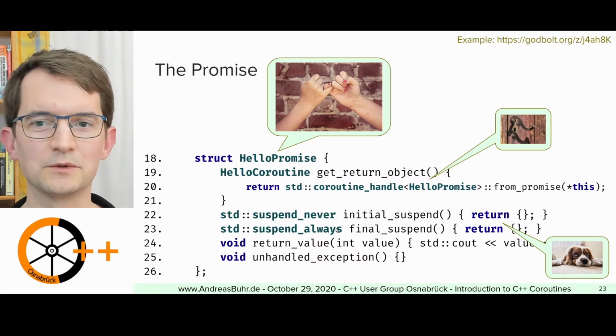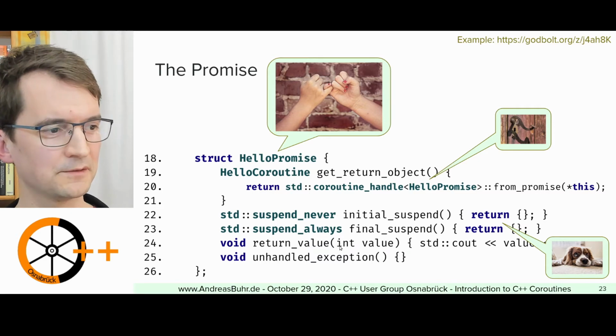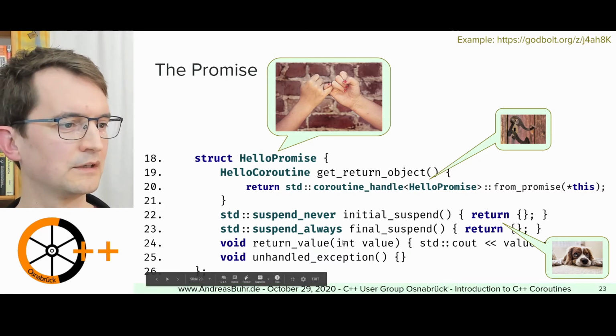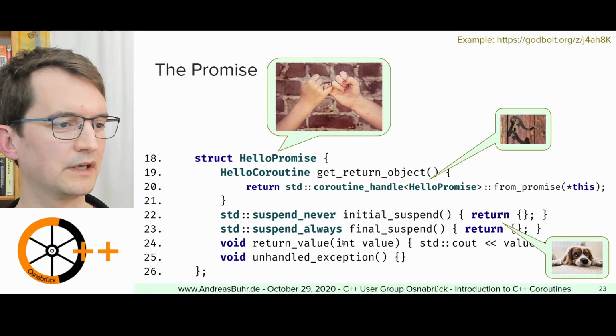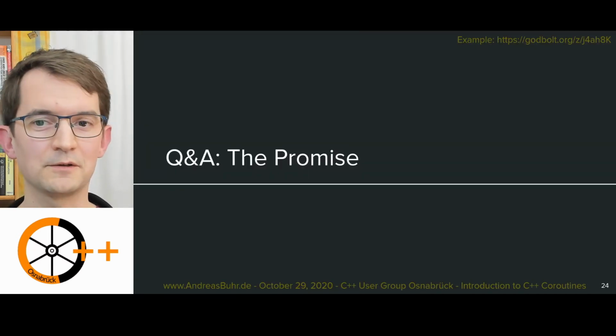They just have to return some awaitable. And then the last two functions are what you know from the std::promise: return_value for handling the return value from co_return, and unhandled_exception if some exception propagates out of the coroutine body. That's all about the promise.